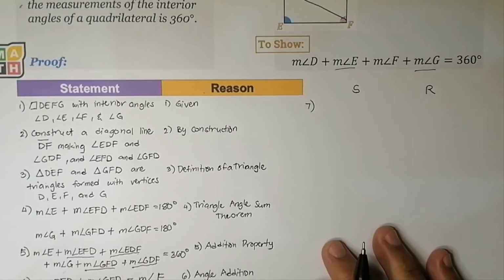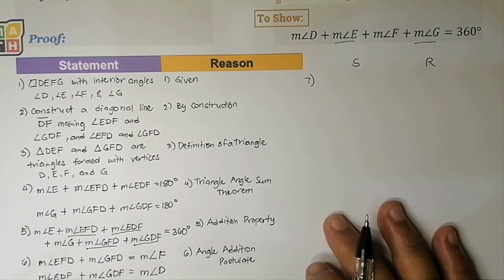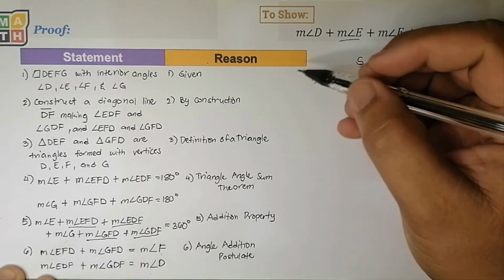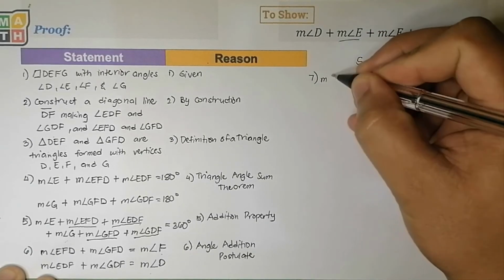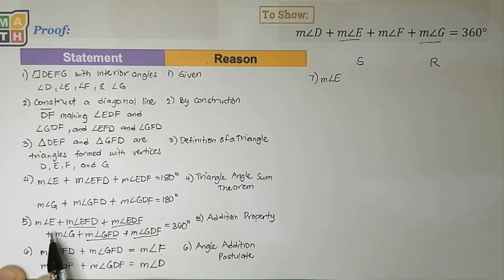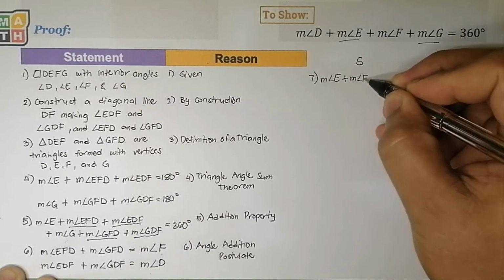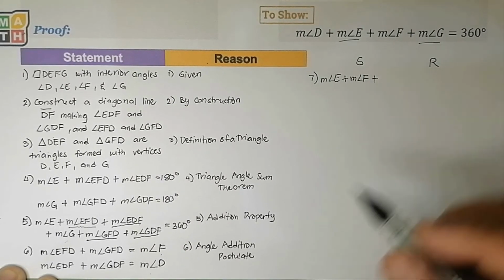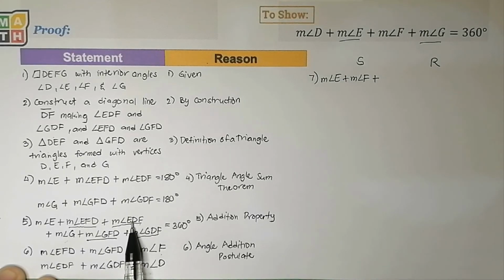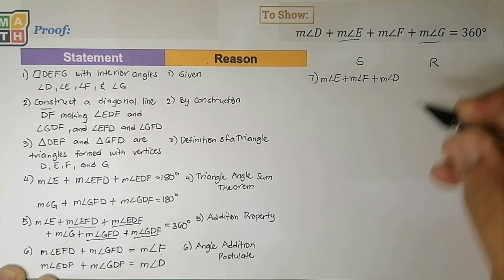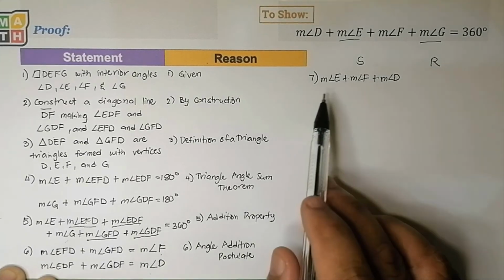So I'm going to show statement number 6 and 5 so that you will be guided for this statement here. So we have here, copying statement number 5, the measurement of angle E. Okay, it's E. Now EFD and GFD becomes angle F, plus the measurement of angle F. Okay, plus after this one you have EDF and GDF, which comprises angle D. So by substitution you have the measurement of angle D. So we're done with this because we just copied it.